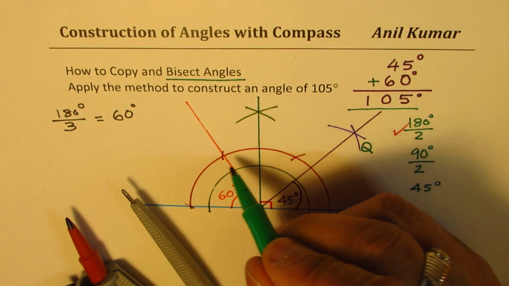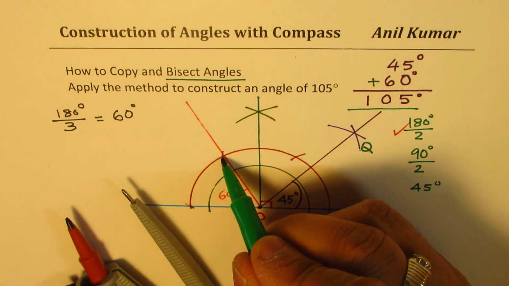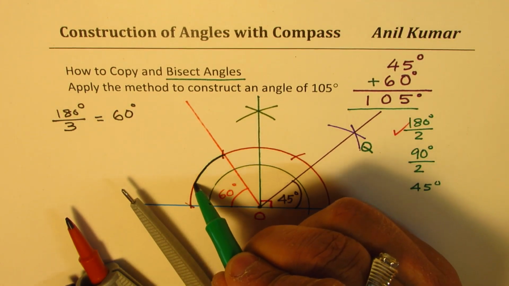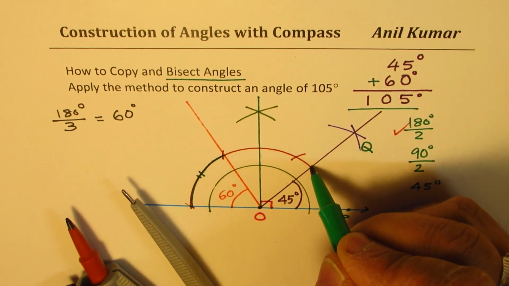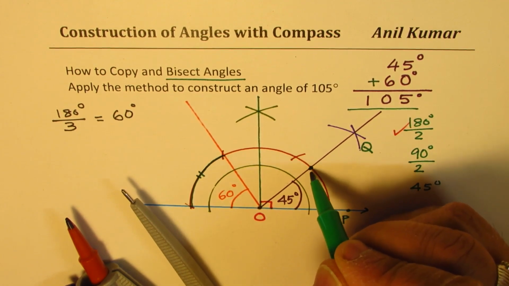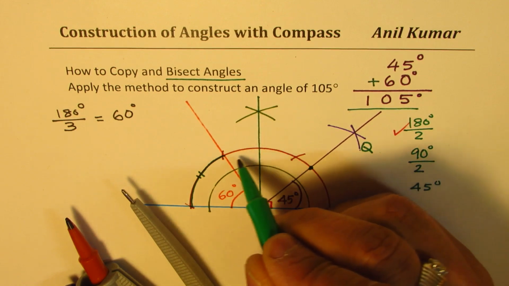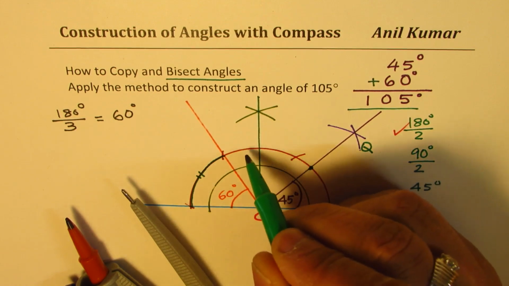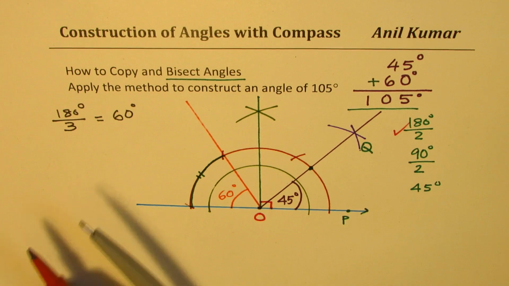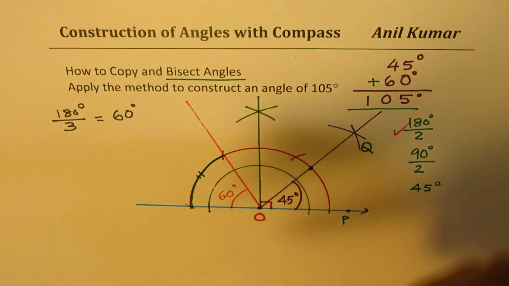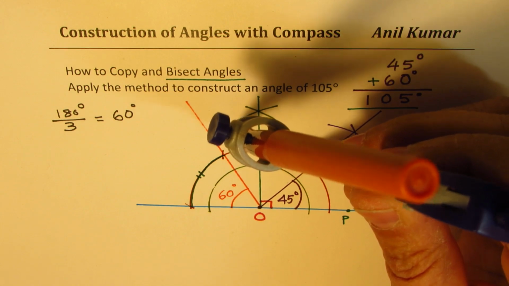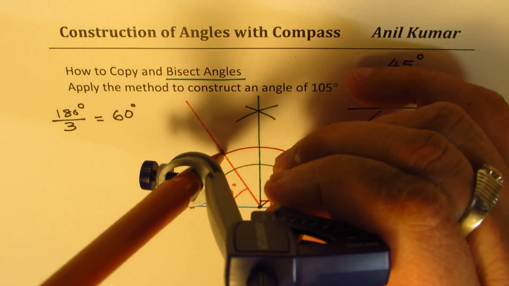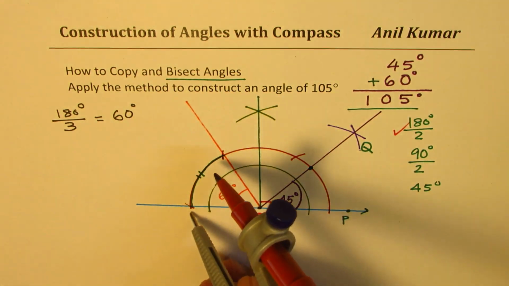So basically, I know this arc length from here to here gives me 60 degrees. So I could actually copy this arc length after that point of 45 degrees. If I do that, then I make 60 over 45 line. Do you get the concept? So with the same length, which is defining 60 degrees, that is, you can see from here to here it is 60, right? Or this place.